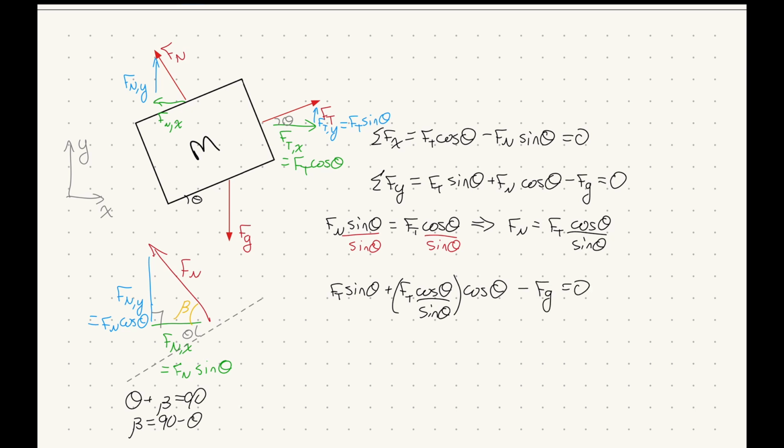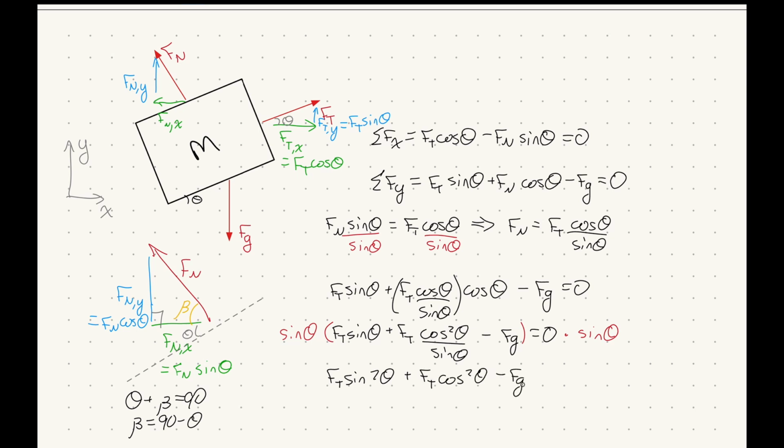All right, that means that this can also be rewritten as F_T sine of theta plus F_T cosine squared of theta over sine of theta minus our gravitational force is equal to 0. Now, let's multiply both sides by sine of theta. What we'll get is the tension force sine squared of theta plus the tension force cosine squared of theta minus the gravitational force sine of theta is equal to 0.